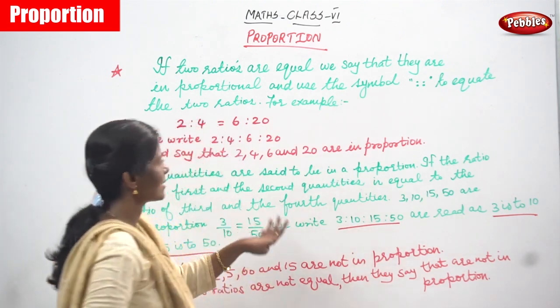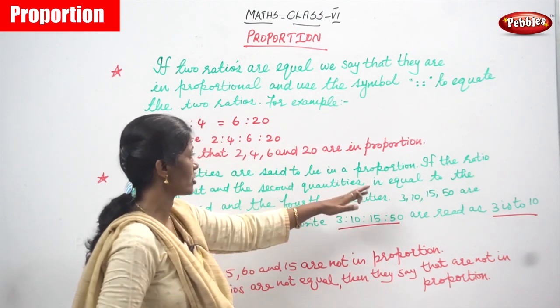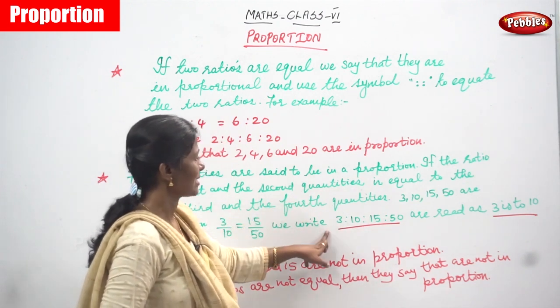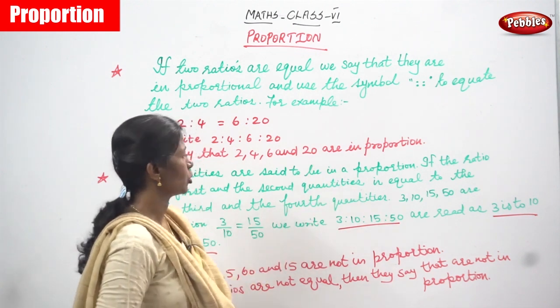So four quantities, four numbers, are in proportion if the ratio of the first and the second quantity is equal to the ratio of the third and the fourth quantity.